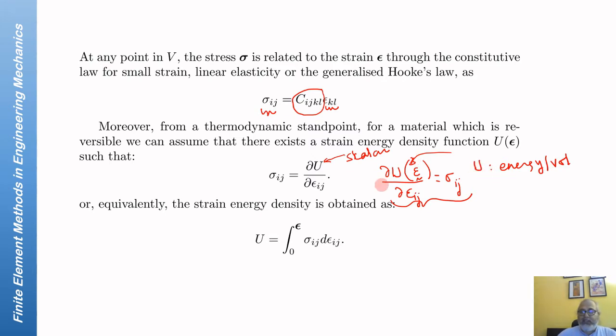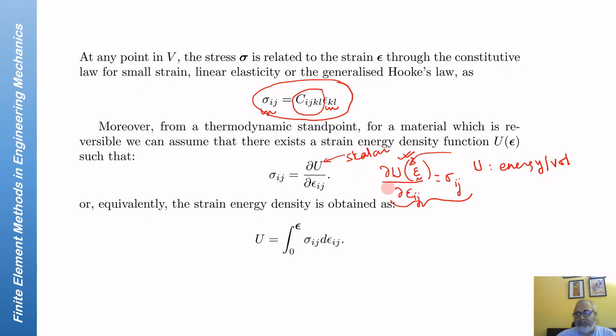And in our case, U is going to be a quadratic function of strain, because when you take its derivative, you will get a linear function of strain, which is already known to you through this linear constitutive equation. Therefore, this is another way of stating the constitutive equation.